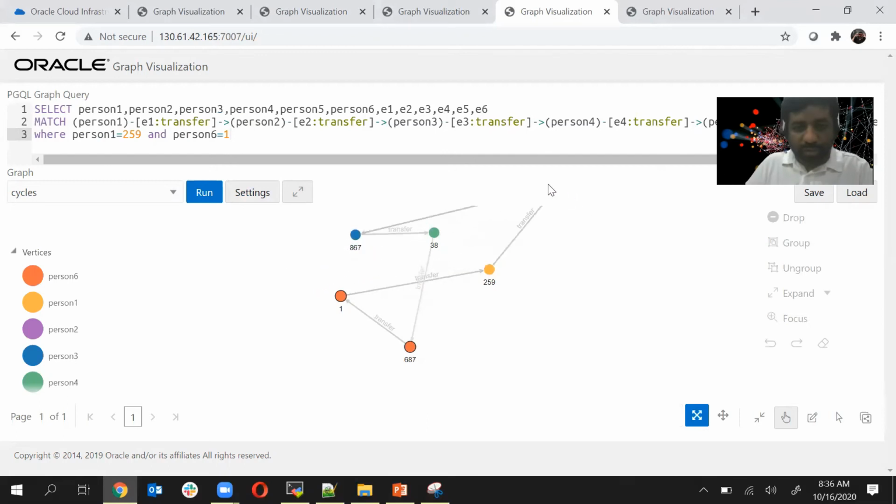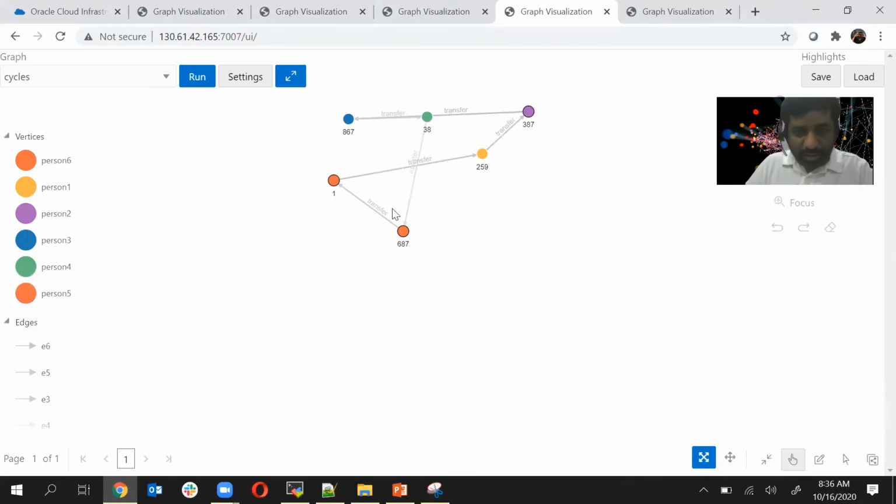So now we can see that there are many transactions, the 6 cycles, basically. Starting from 259, you can see that it has gone to 387, it has gone to 38, and then it has come to 687, and then it has gone to 1, and then it has come back to 259 itself.